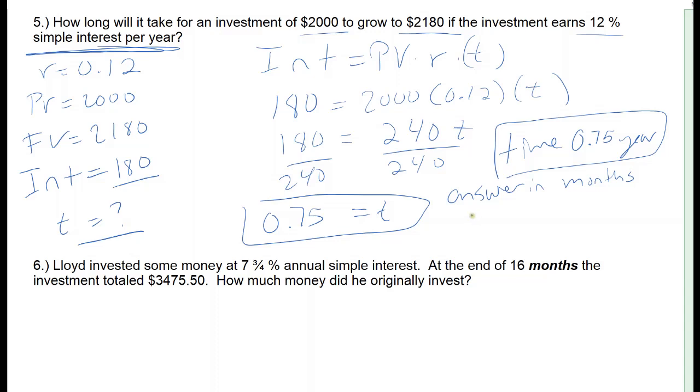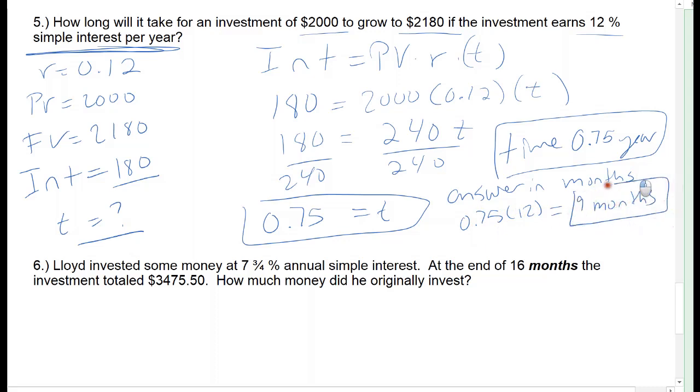And so what you do to figure out months is take the 0.75 times 12, because there are 12 months in a year, and that comes out to 9. So 3/4 of a year is 9 months, and usually that's how they'll ask it for you. If it comes out as a decimal fraction of a year, because that's how we talk about it.